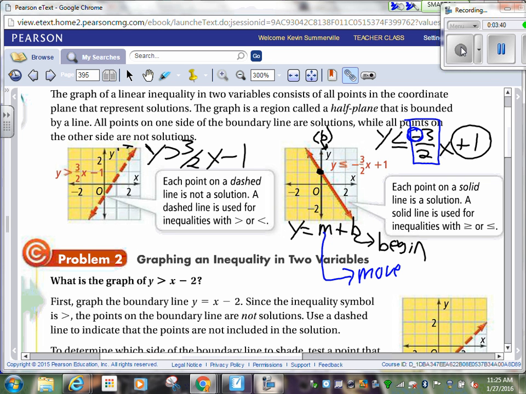Down, excellent. So I'm going to go down 3. 1, 2, 3. This bottom number tells me I have to go to the left or to the right. To the right. Do you agree with that? Yes. So go over 2, and now I'm on that point. And then you just draw your red line and connect the two dots together. And it's a solid line because you have an equal sign right here in the inequality.